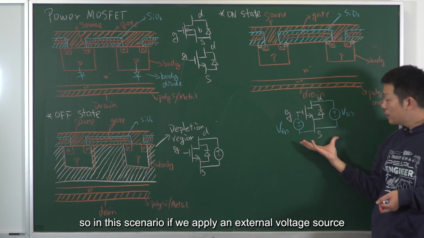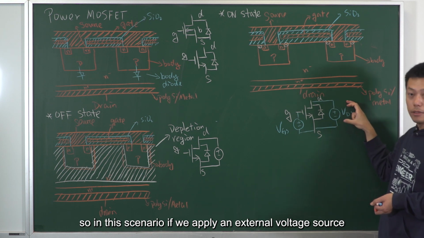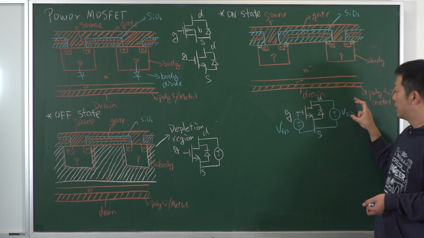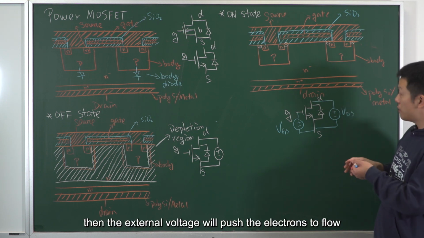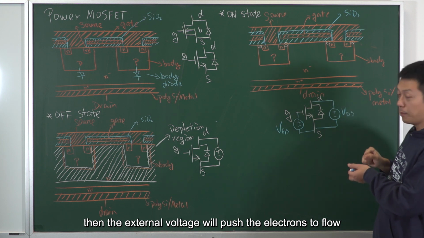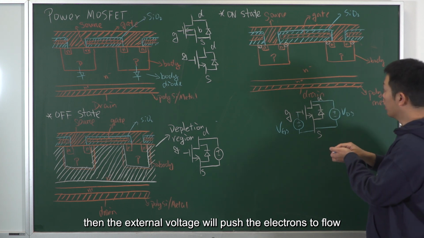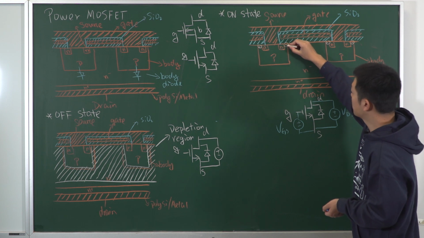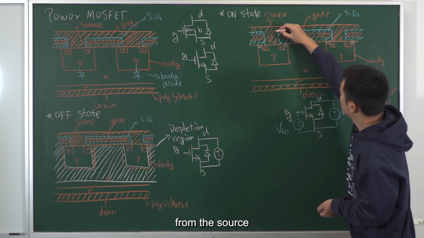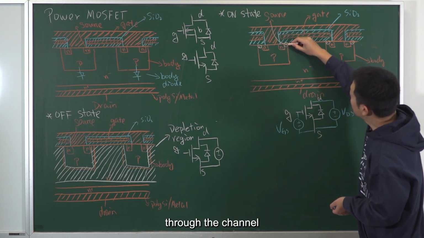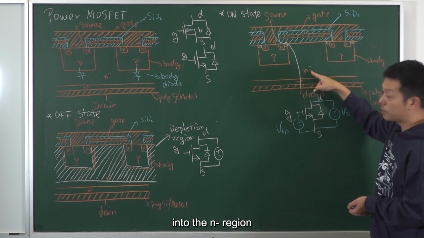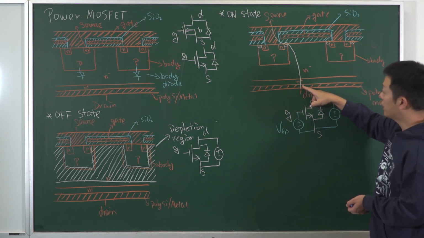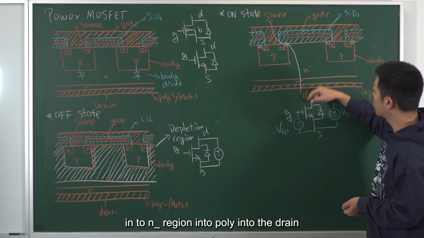In this scenario, if we apply an external voltage source from the drain to the source, then the external voltage will push the electrons to flow from the source through the channel into the N minus region, into the N plus region, into the poly, into the drain.